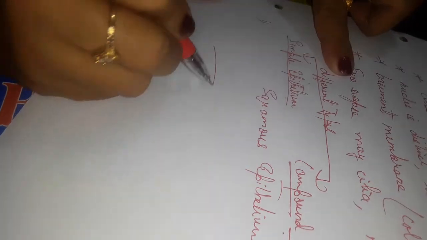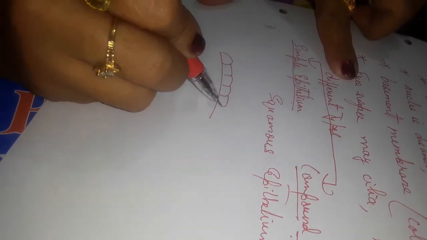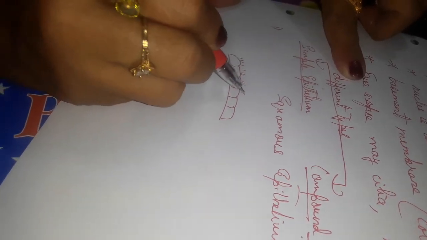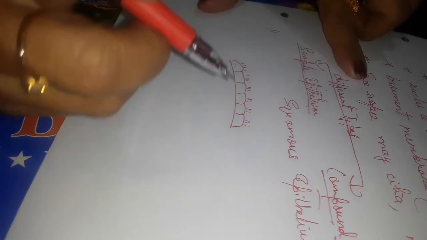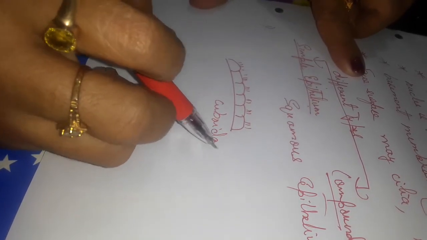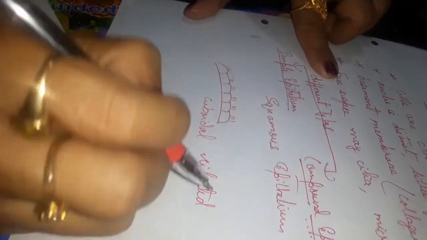I'll just show you with the help of the diagram. See, these are the cube-shaped cells, and if they have cilia present, then that type of cuboidal cells is called cuboidal ciliated epithelium. Correct?